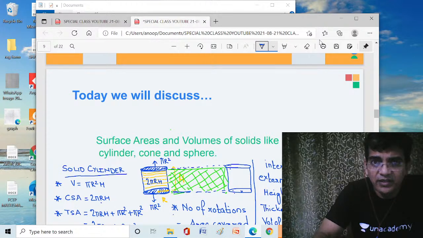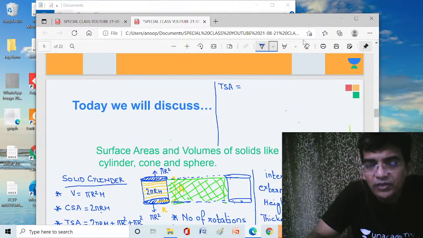So what four surfaces does it have? One is a circular track, and one more is a circular track. So two circular tracks. So I am writing the total surface area of a hollow cylinder.